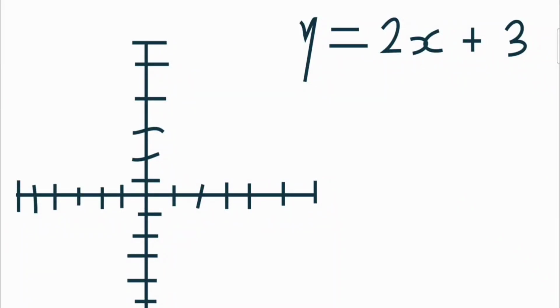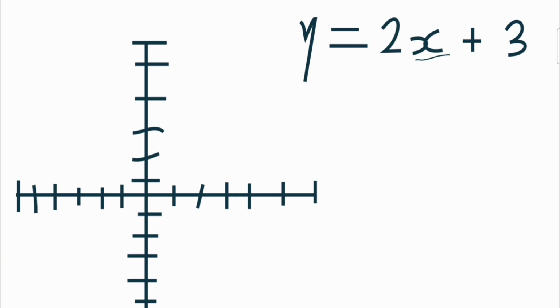In this video, we are going to be talking about how to graph equations. Okay, so our first equation here is 2x plus 3. As it is a singular x, it's going to be a linear equation, or a line.